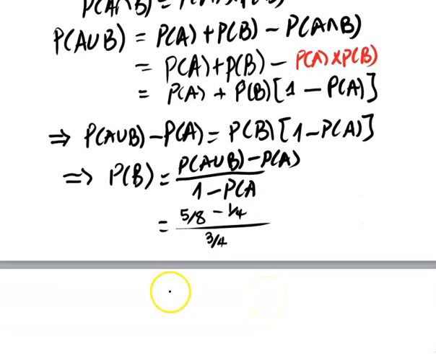We have 5 over 8 minus 1 over 4, divided by 3 over 4, gives us half. Okay? Gives us half. So that's how we apply the addition law and the aspect of independent events to solve problems.